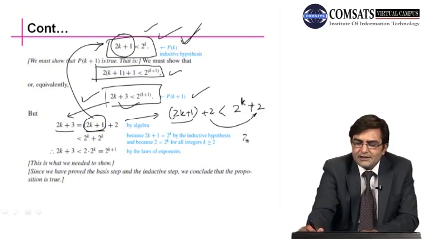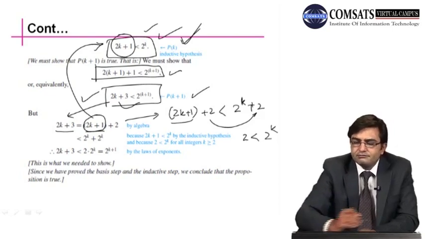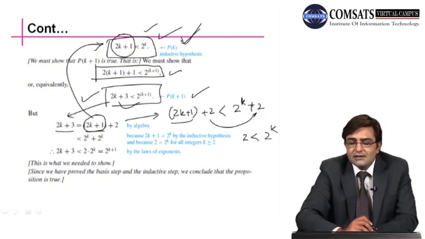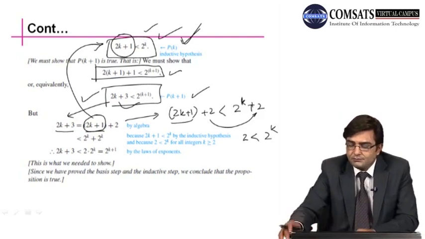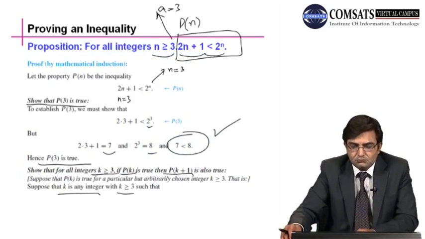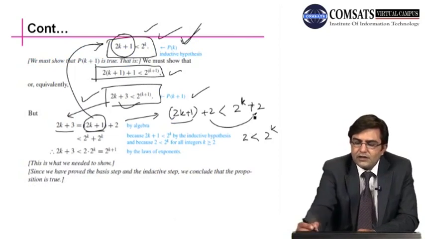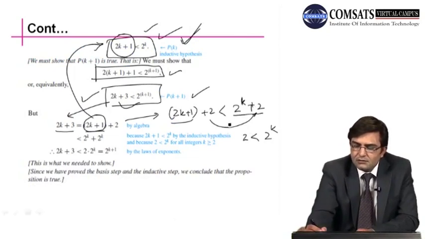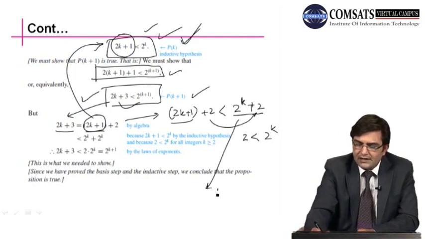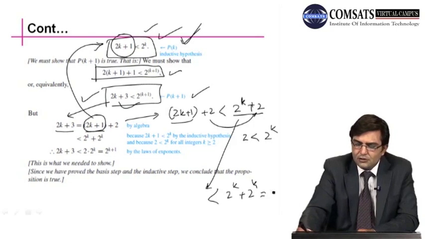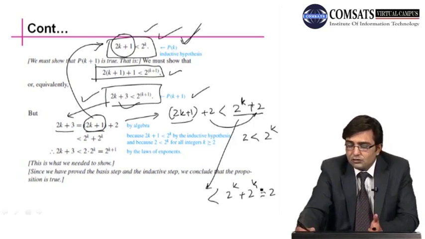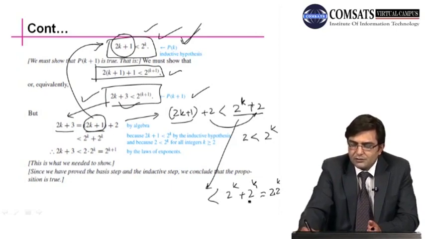Now 2 is basically less than 2 power k, because k is greater than or equal to 3. Now we can write this is further less than 2 power k plus 2 power k, which is equal to 2 into 2 power k, because it comes 2 times.